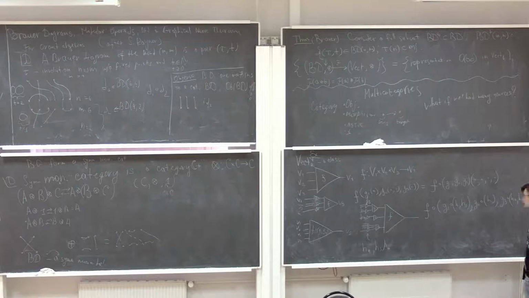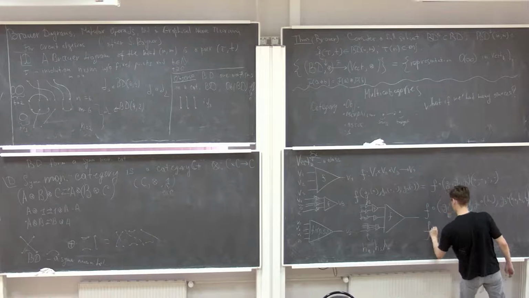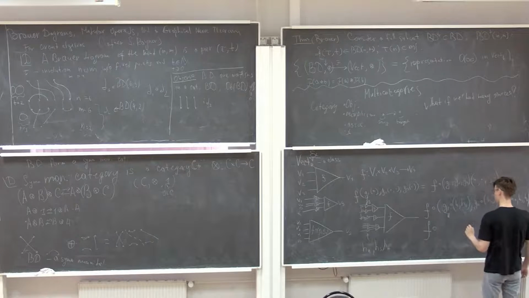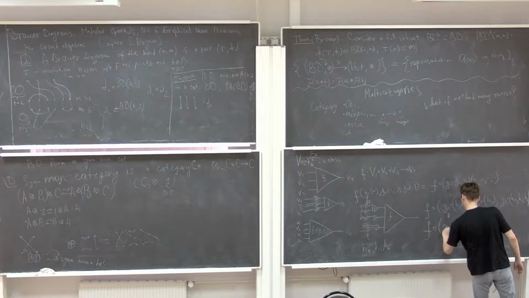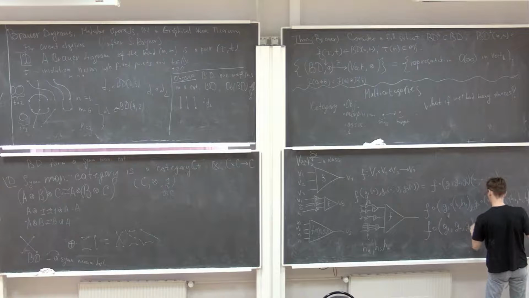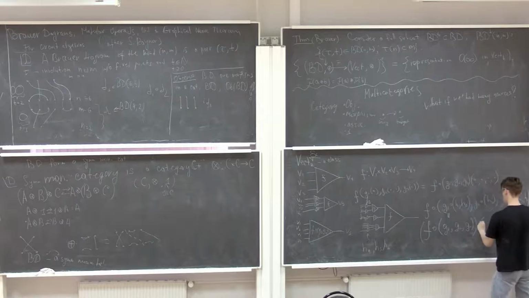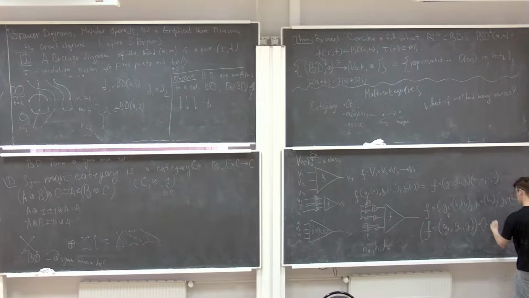We can write it in another way. It's just F of G1, G2, G3 composed with H1, H2, H3, H4, H5, H6.